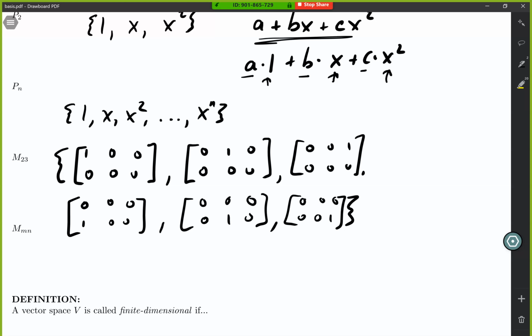Then in general, for m by n, the standard basis would be, let me just use a sub ij. So let's say that's our matrix. Maybe I should not use i's and j's. Let me use a k and an l.